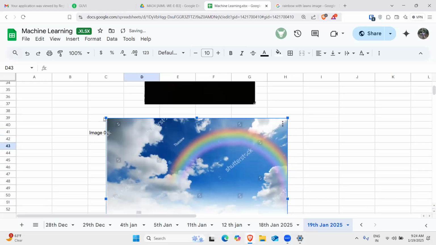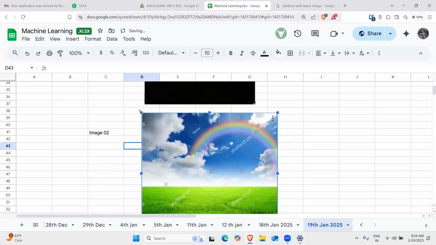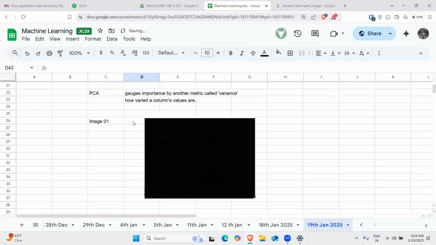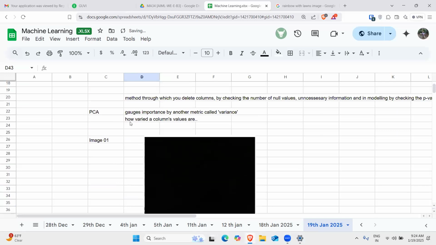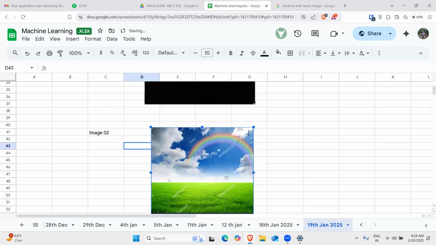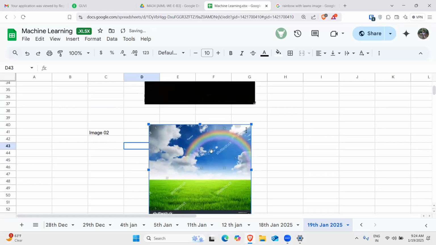So if the values in the columns vary, or values in the image vary, then you have some information in your data, right?